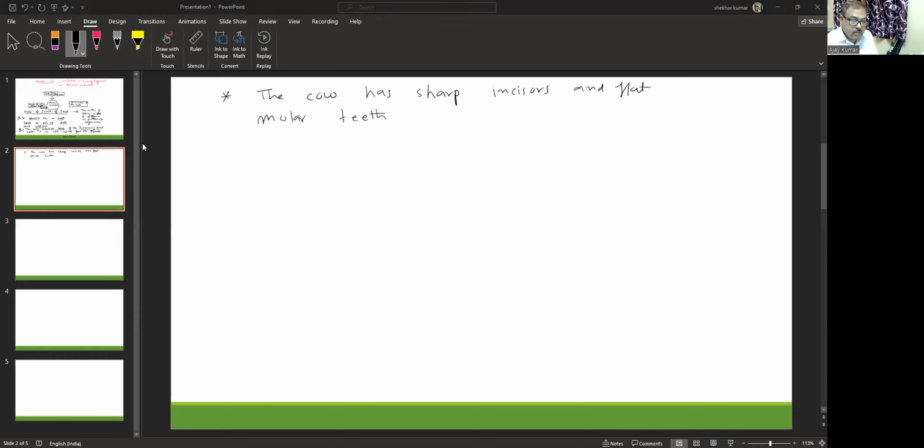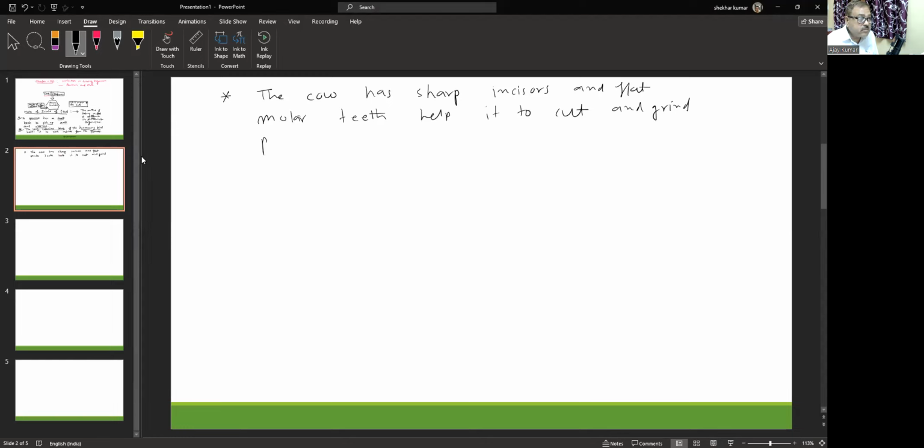What is the function of these sharp incisors and molar teeth? This helps it to cut and grind plant materials.